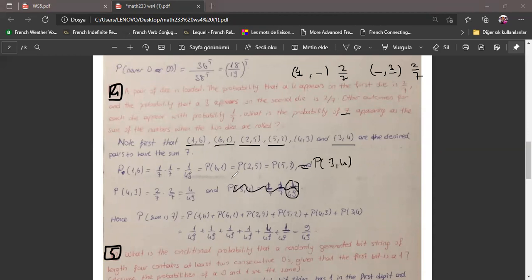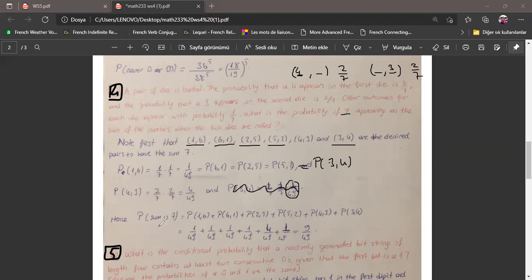Now these all have the same probability. The only outcome having different probability is this, because the first one has the probability 2/7 and the second one again 2/7. So we have 4/49. The probability of having this pair is this 4/49.